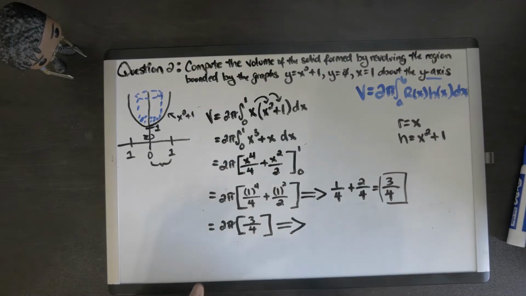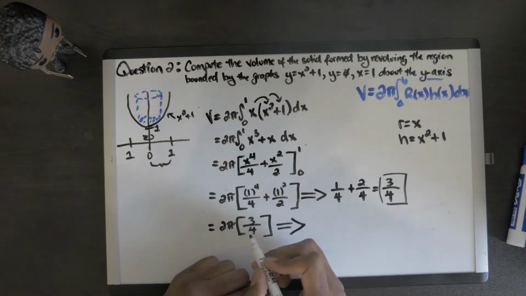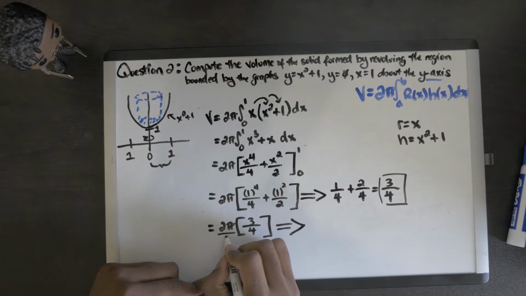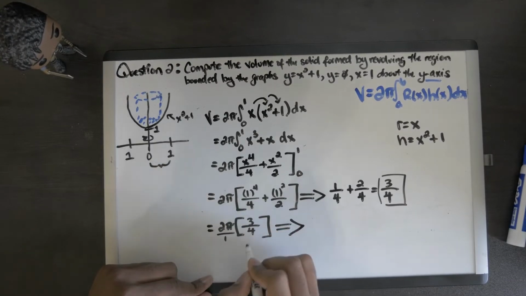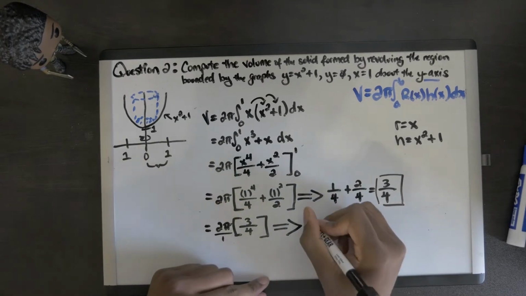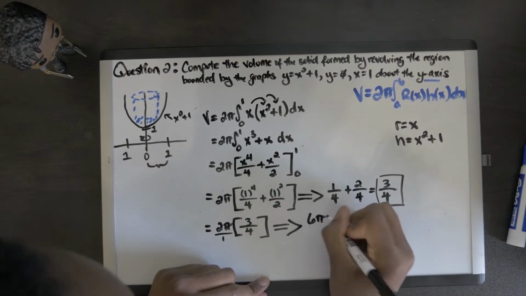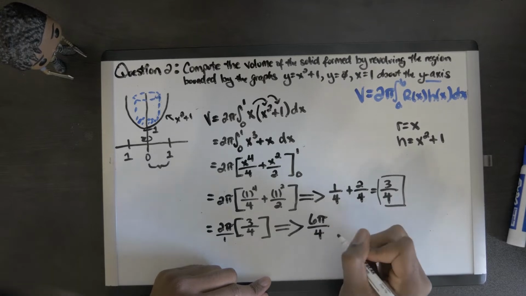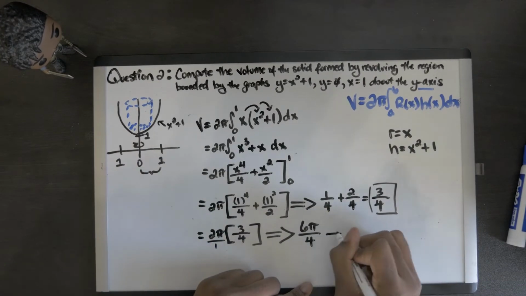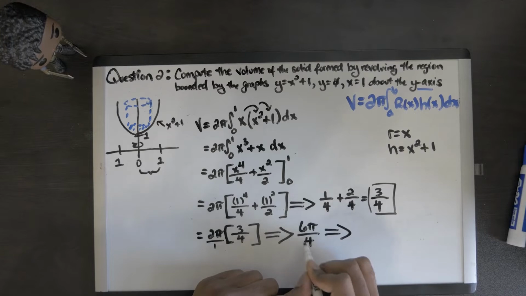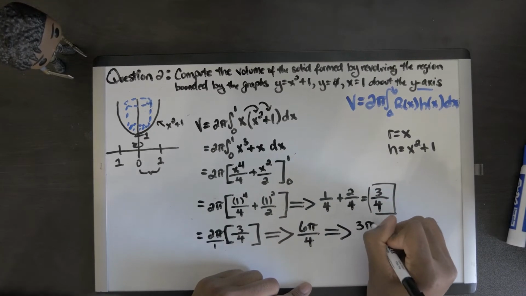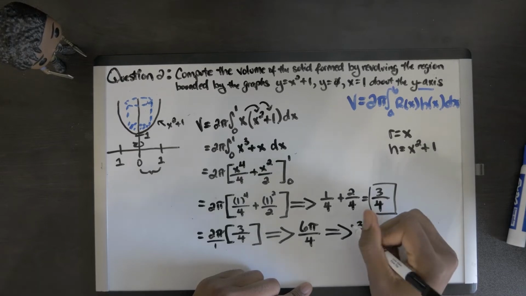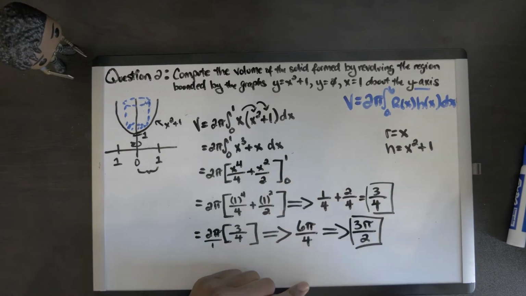Well, we know that if we times 2 pi across the board here, you're going to just want to focus like this was 2 pi over 1. So the 2 pi is going to be multiplied by the 3, and we're still going to keep the denominator of 4. So that's going to give you 6 pi over 4. And again, we're not done yet because we know that they actually can be canceled out to reflect 3 pi over 2. And that will be your final answer there.